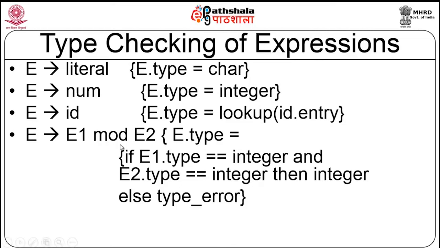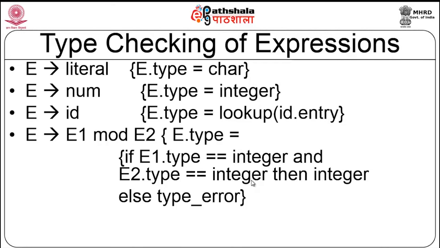So how do I formulate that as a rule? The rule formation here is: if E1 dot type is equal to integer and E2 dot type is equal to integer, only in this scenario can I perform the mod operator.